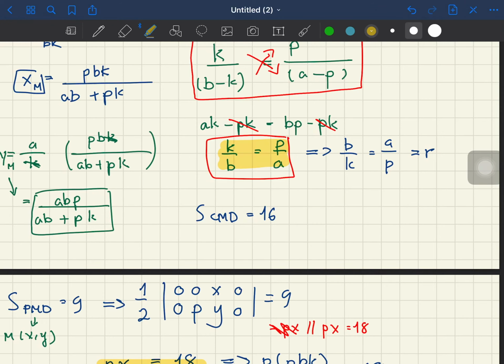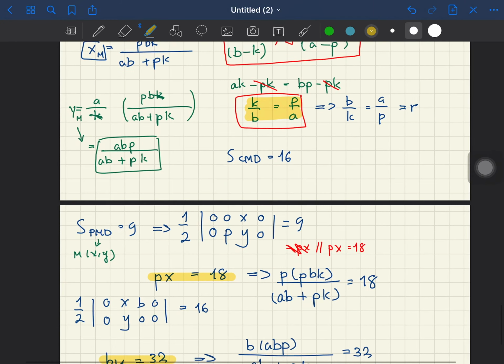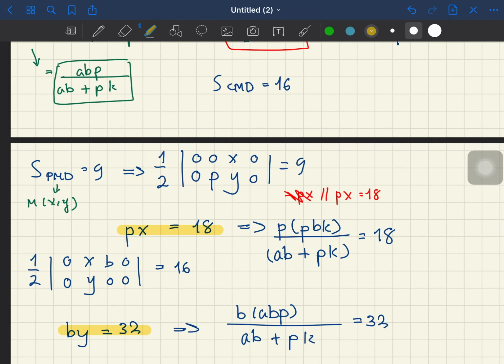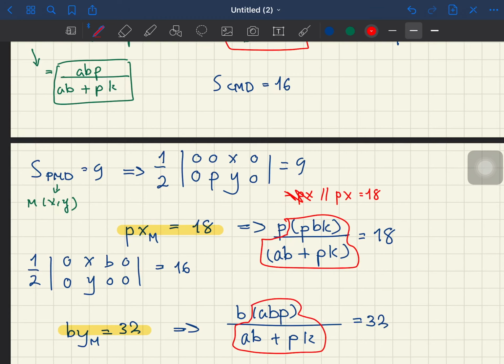So how are we going to use them? We are going to reuse the x and y. Recall that x is actually the XM, and y is also the YM. Just substitute the XM with this entire thingy, and the YM with this entire fraction thingy. And then it becomes more complicated.